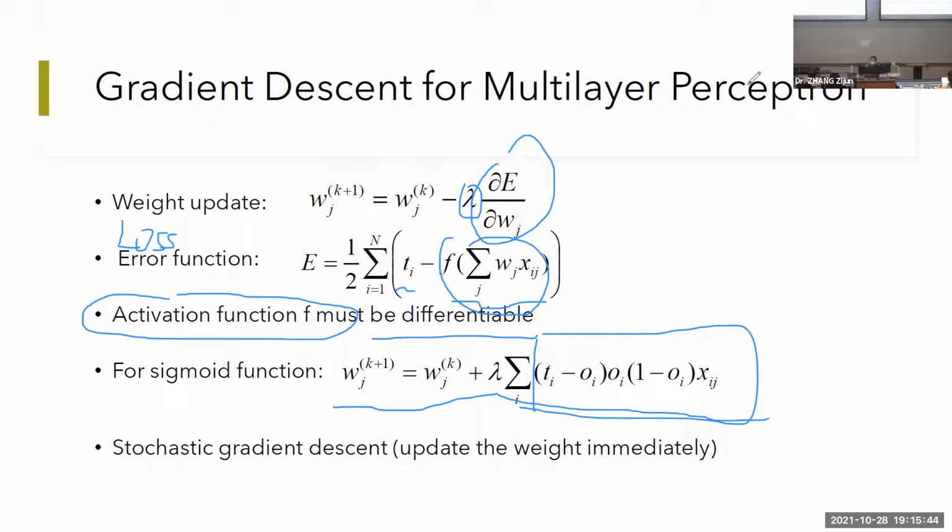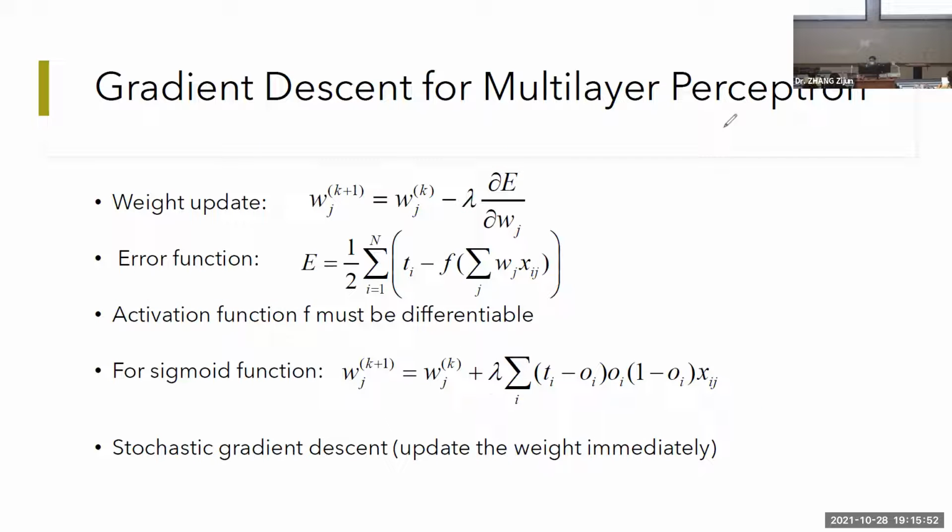So we will mainly focus on the stochastic gradient descent, which updates the weights immediately after feeding the data points. The very traditional gradient descent is you feed all the data into the network and do a one-time update of the gradient based on the average.